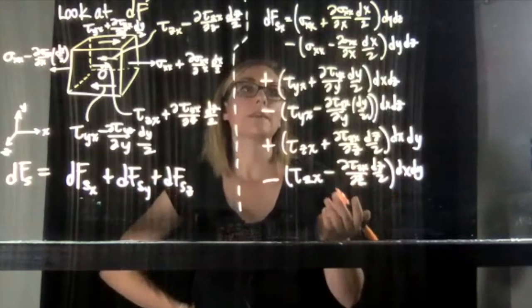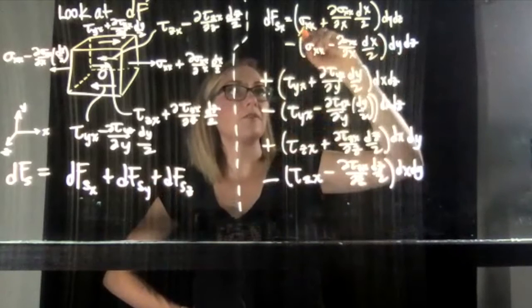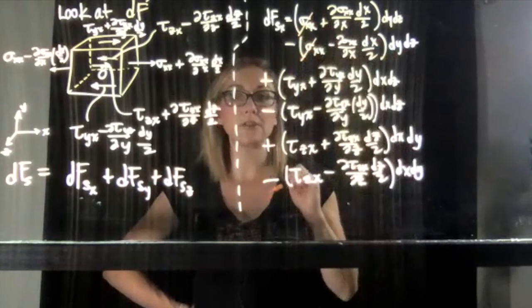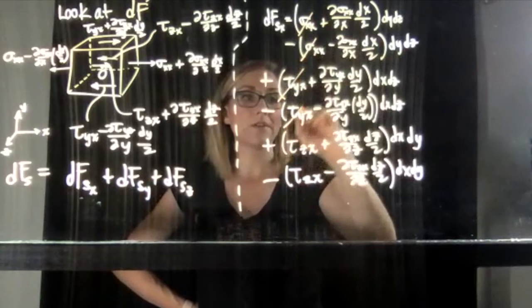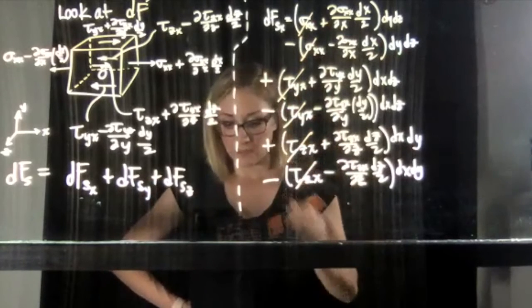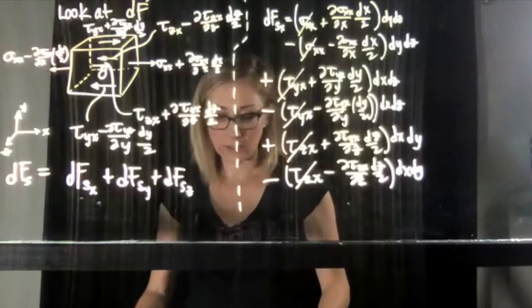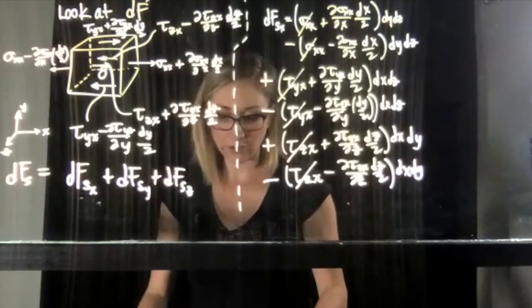conveniently cancel out. So just looking at this, we have our sigma x's cancel out here. Same thing with our taus in yx and zx. Okay, and so we can write this down in a much simpler fashion.